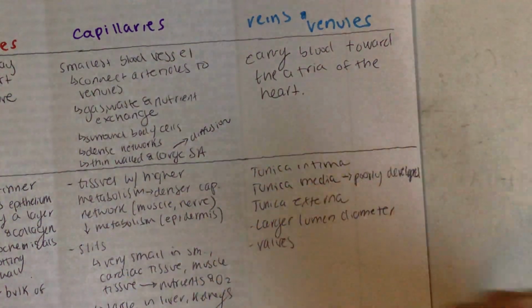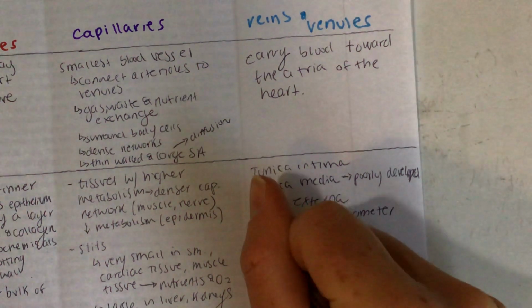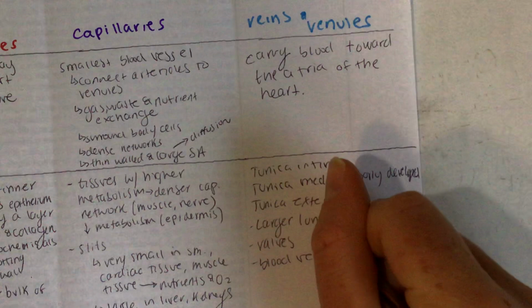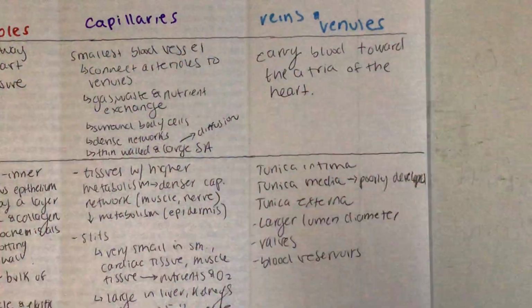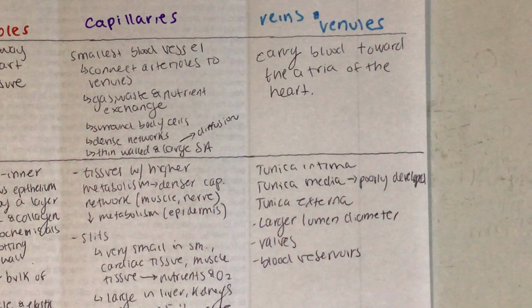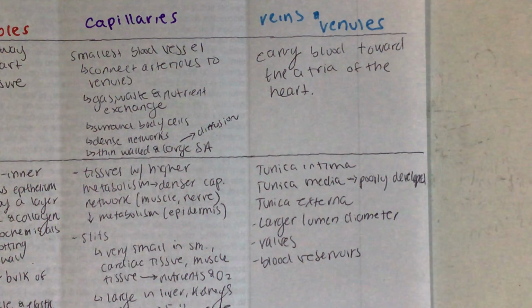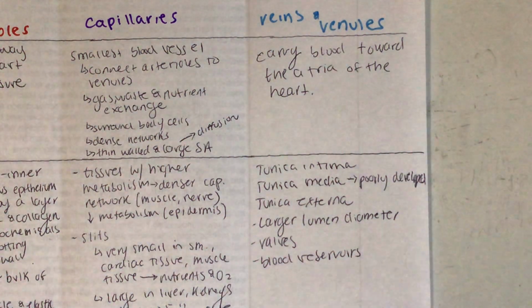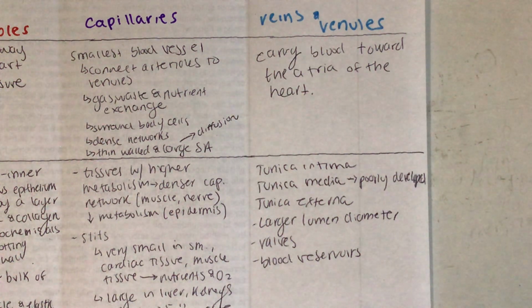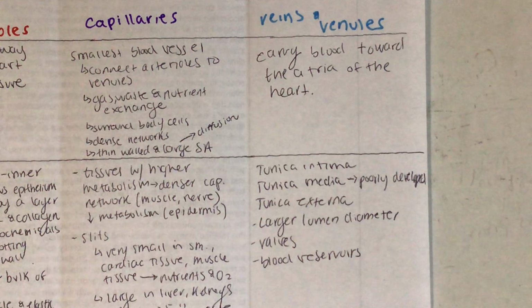Also, veins are really important blood reservoirs. At any point in time, 65% of our blood is in our veins, and so a lot of it's just kind of kept in there. How this blood is going to move against gravity is when other muscles around the veins contract, it helps push that blood upward and back towards the heart.